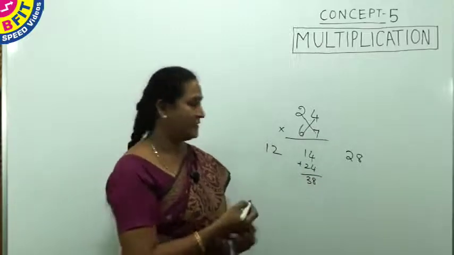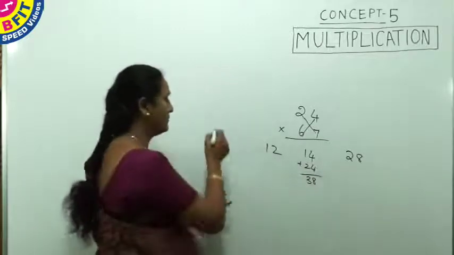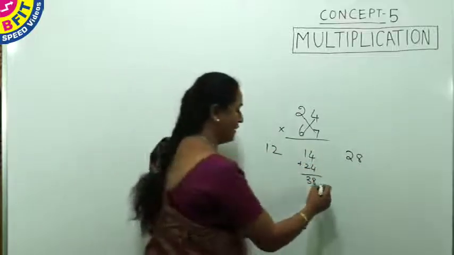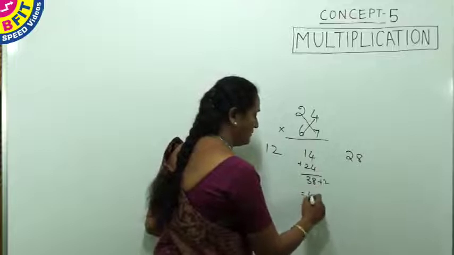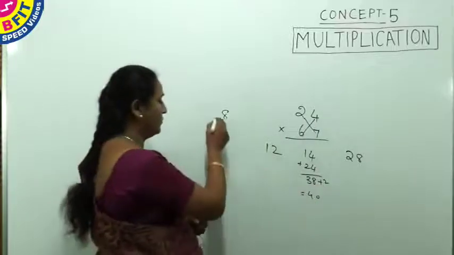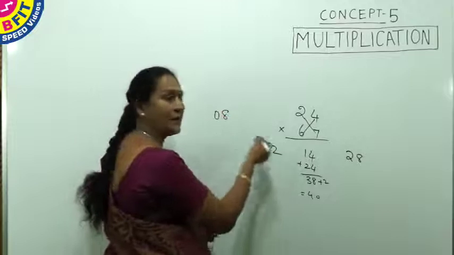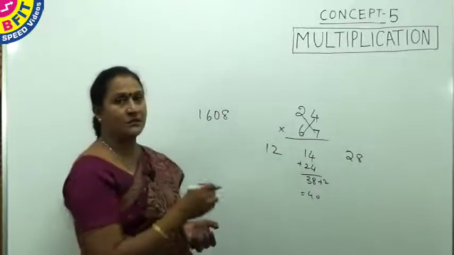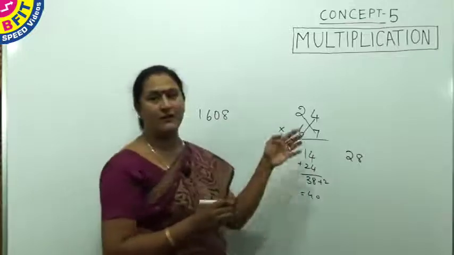And now what's the answer? It is 8. And when you add 2 with 38, it is 40. So write the 0. 4 is added with 12, it is 16. So 1608 is the product of 24 and 67.